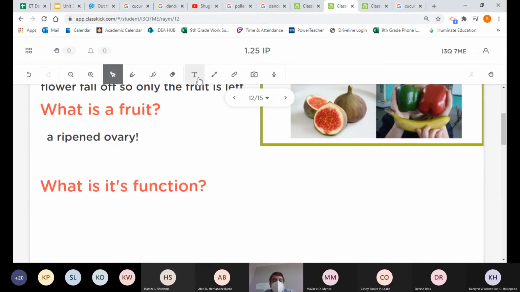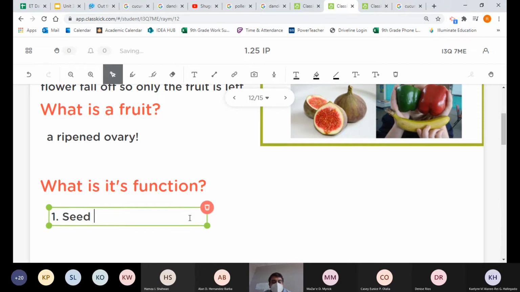The function then of fruit is twofold. First, it's acting as a way of seed transportation, right? It's like waiting for something to eat it so that it can be pooped out and then grow. But it also protects the seed. Because think of it this way, think of like an apple tree, right? So the seed inside the apple is kind of hard to get to. You got to really eat it to get in there.